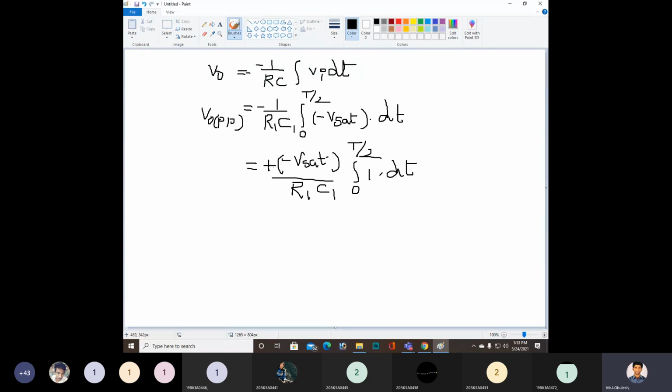Then here minus minus will cancel. Then here you are getting V sat by R1 C1 into T by 2 only.